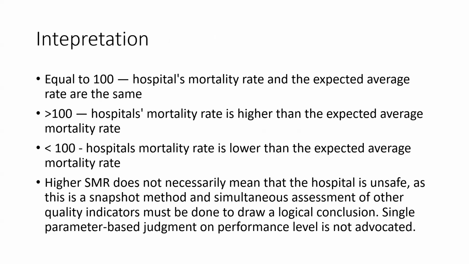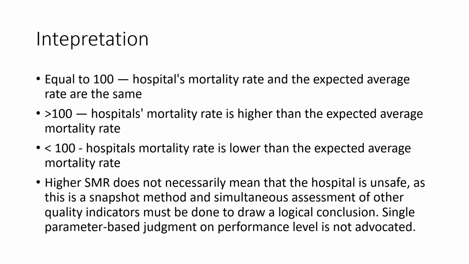Interpretation: if SMR is equal to 100, hospital mortality rate and expected average rate are the same. If it is more than 100, the hospital's mortality rate is higher than the expected average mortality rate. If it is less than 100, then the hospital mortality rate is lower than the expected mortality rate.